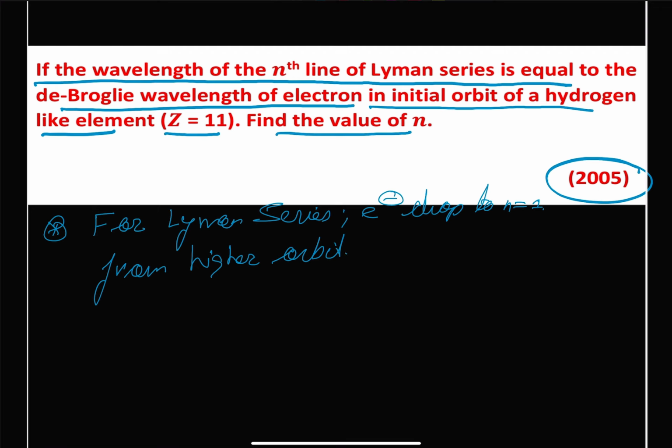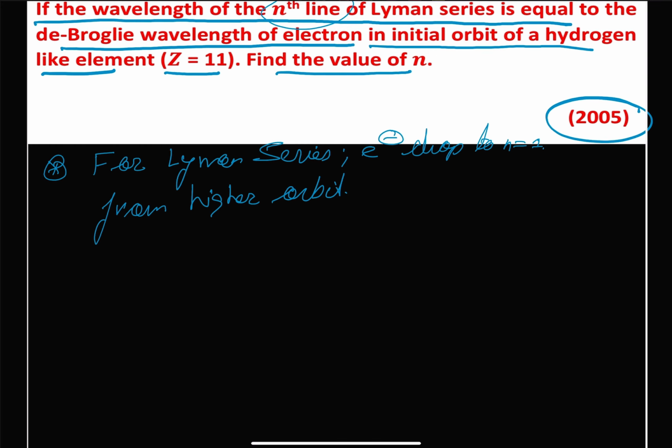And here we are given the nth line, therefore we can say that it is going to drop from n plus 1 to 1.